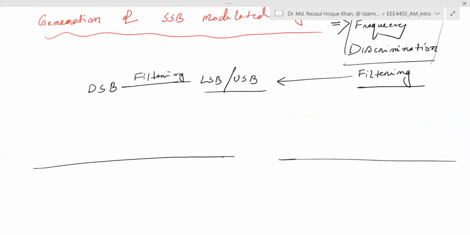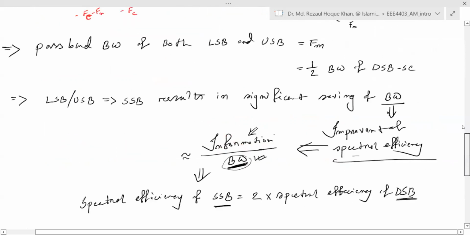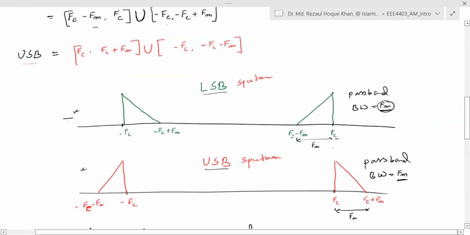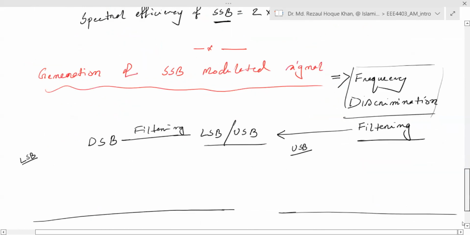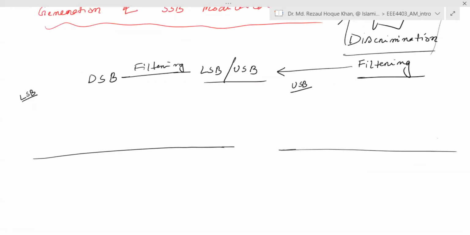Imagine this is our lower sideband, and this is our upper sideband. I am redrawing these two figures. Let's draw the lower sideband first, with the center frequency here.